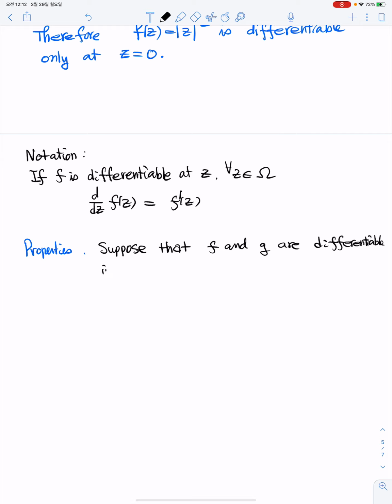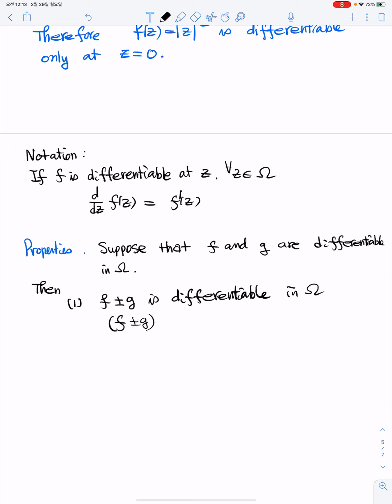Then first, f plus or minus g is also differentiable. Just use the definitions: f plus or minus g is differentiable in omega, and its derivative equals f prime z plus or minus g prime z.